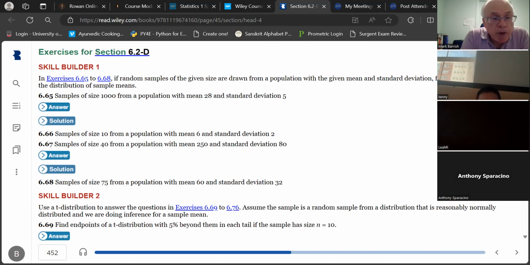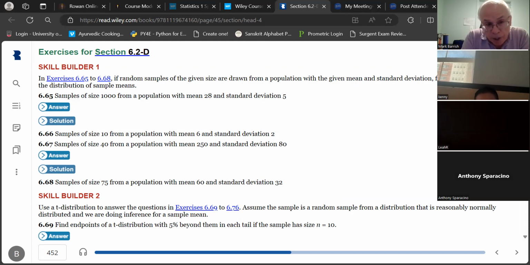All right. So you're given a random sample, and it says, let's look at 6.65, samples of size 1,000 from a population with a mean of 28, standard deviation of 5. Okay. And what you're being asked to find is the standard error for the distribution of sample means. All right.